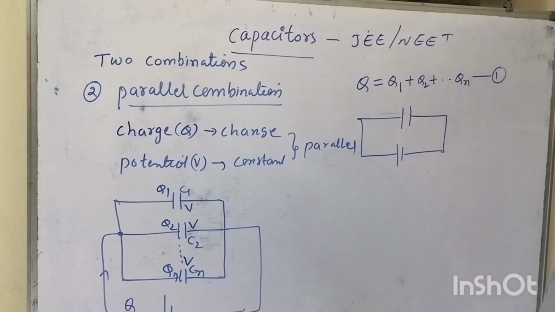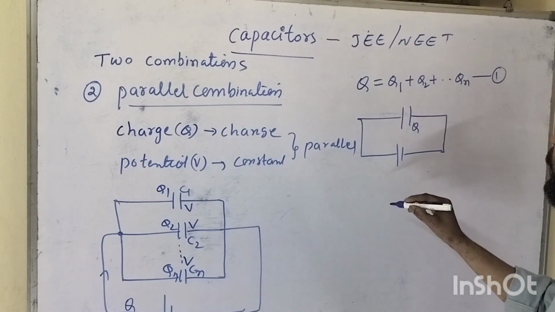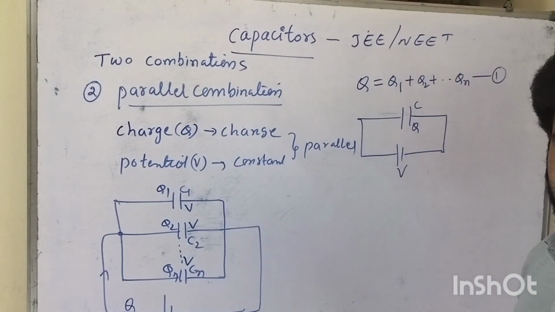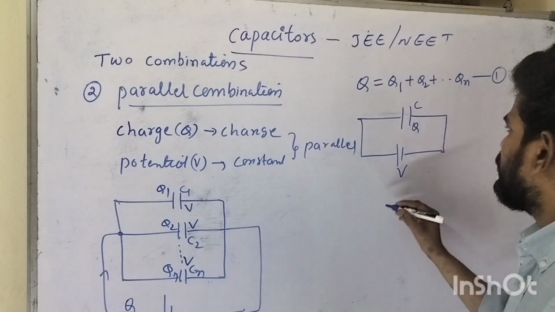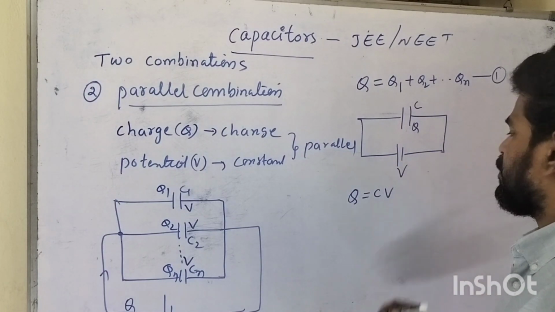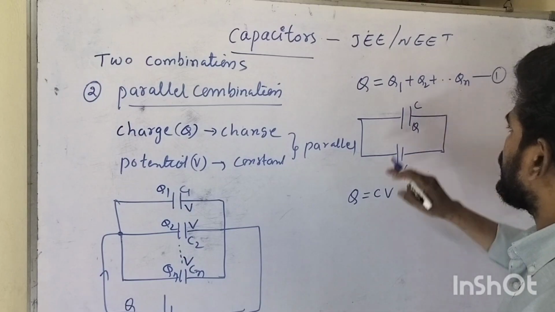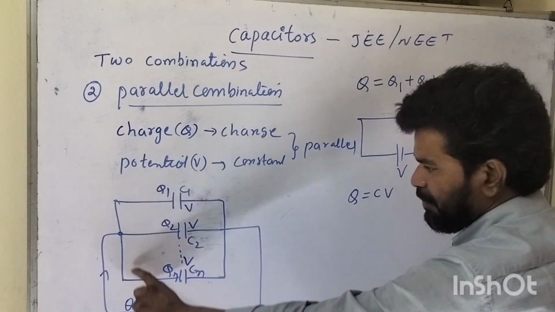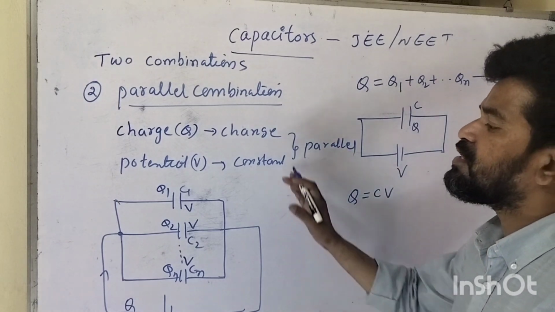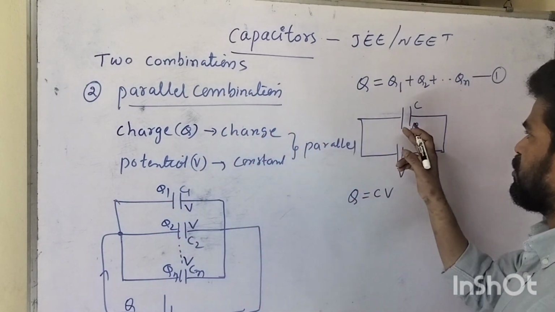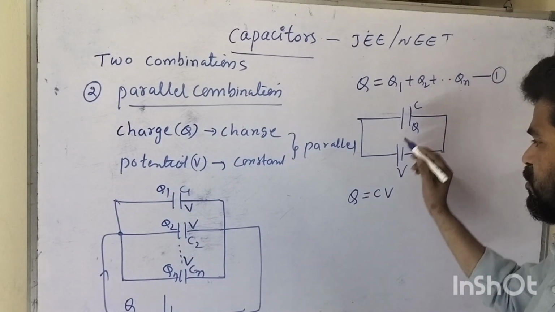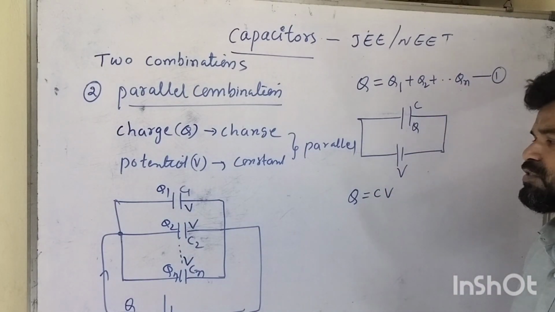So here the charge is Q and the capacitance is C and the potential is V, right? Now here Q is written as Q is equal to CV from this circuit. So here all these capacitors are taken as a single capacitor, which means the effective of all the capacitors is given by this capacitor, right? Now from this capacitor I am writing Q is equal to CV.